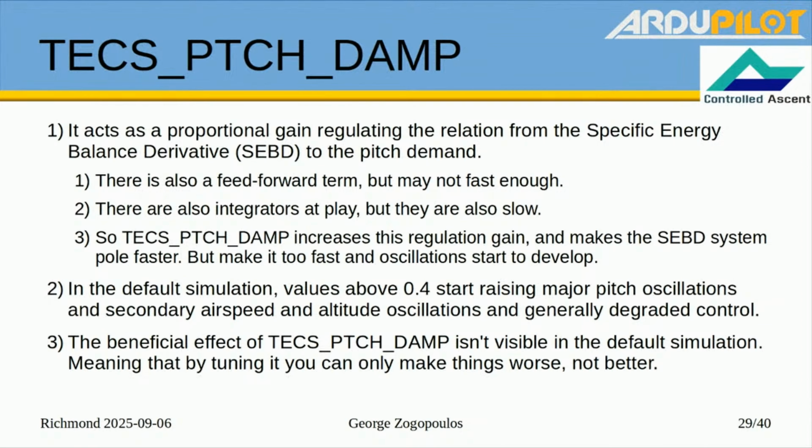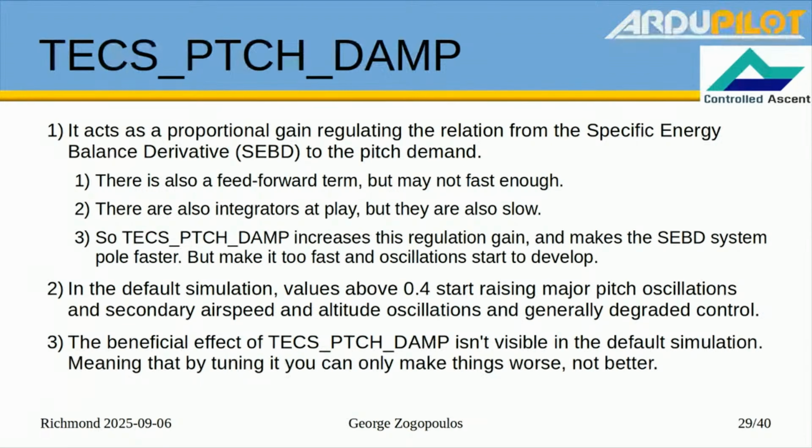Next, about TECS pitch damp. And this one, at least to my interpretation of the code and the dynamics, although it says damp in its name, acts more like a proportional gain on the pitch angle. There are other mechanisms to regulate the pitch angle. There's a feed-forward term, which is usually not fast enough.